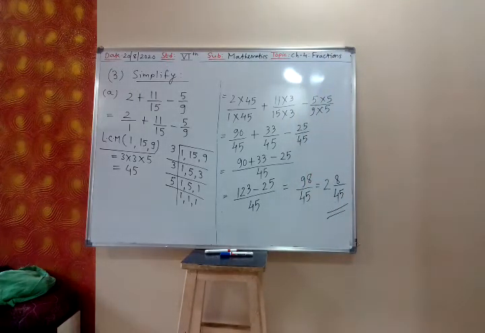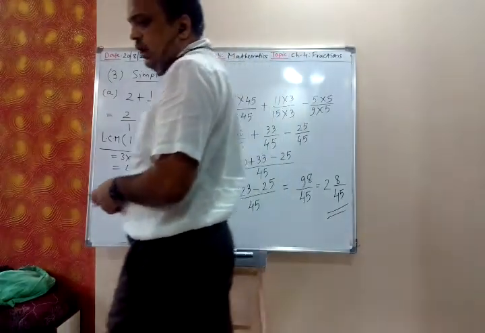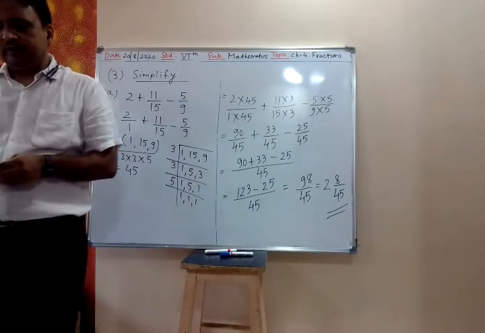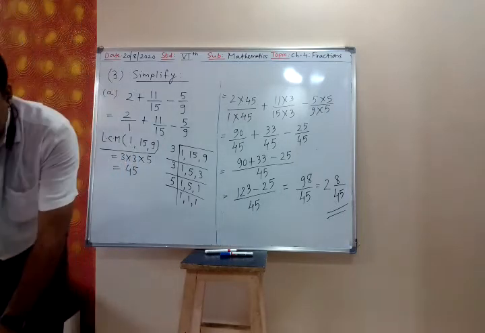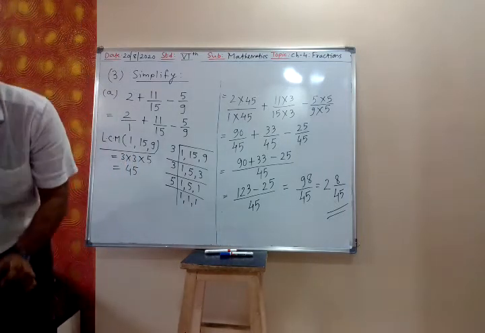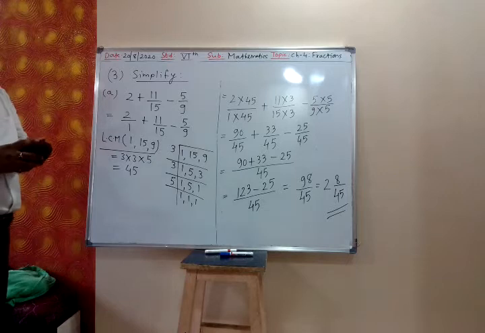If you don't write this step, no problem, no marks will be cut. So how many fractions are given does not matter. We have to convert each fraction into like fractions.